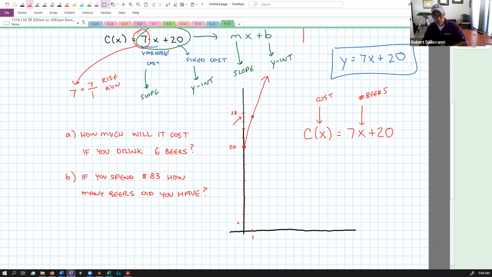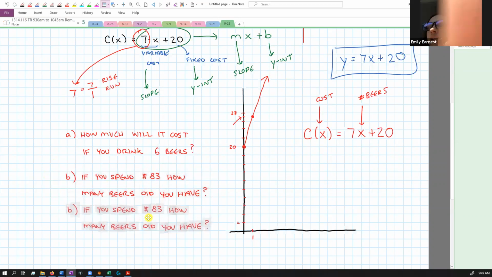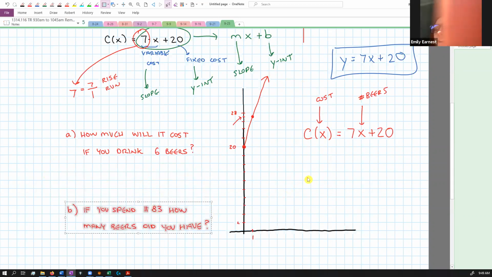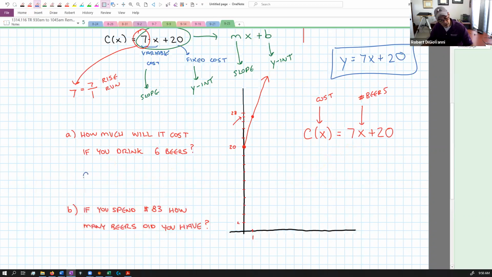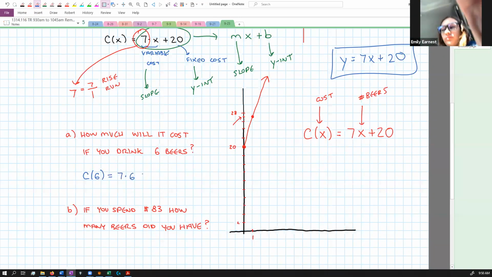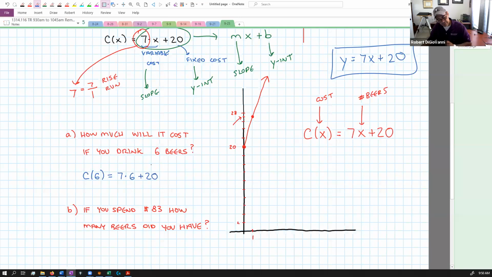So who wants to tell me how we're going to do part A? You would plug in 6 for X and then solve the problem that way. Yeah, so what part A is asking us is to take your cost function and replace the X with 6. So that's just 7 times 6 plus 20.